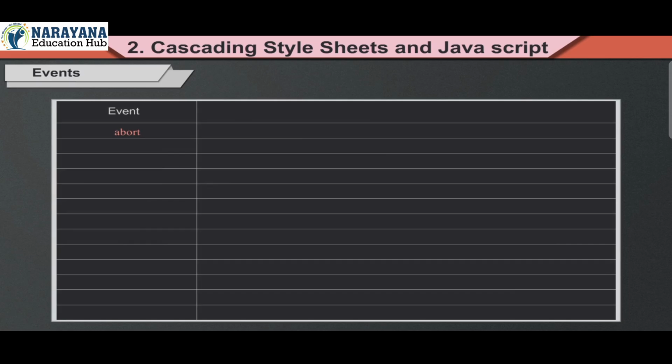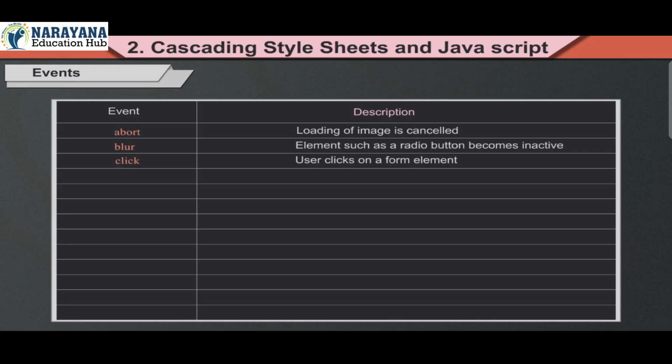Event abort. Description: loading of image is cancelled. Event blur. Description: element such as a radio button becomes inactive. Event click. Description: user clicks on a form element. Event change.